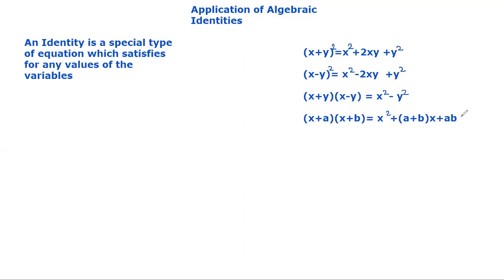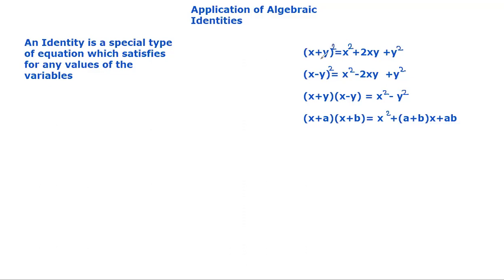Now, what is the use of these identities, right? The use of these identities is very simple. It gives an alternative method for solving problems on multiplication of binomial expressions and multiplication of numbers. Here you can see that in each case a binomial is used, and multiplication is there.